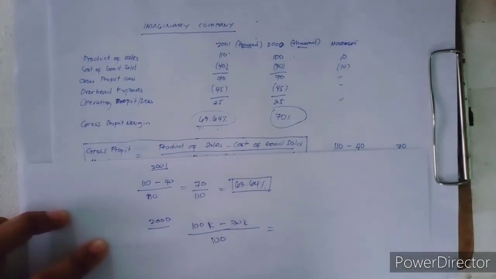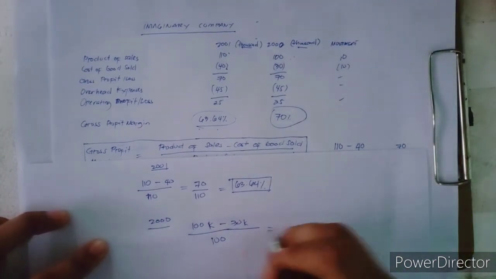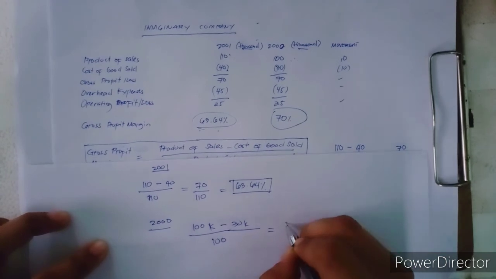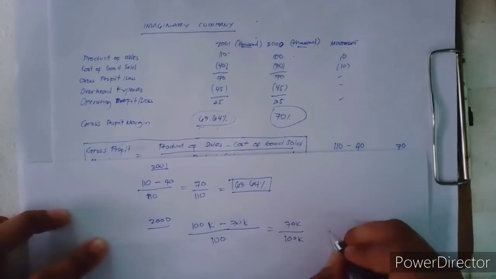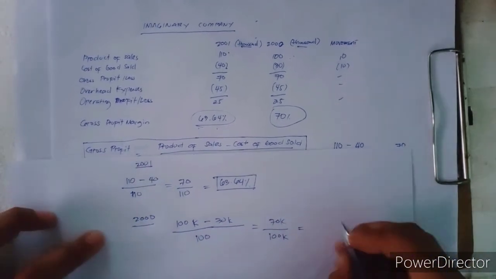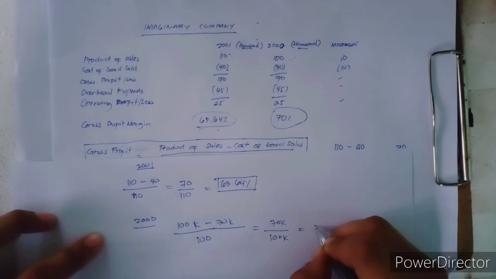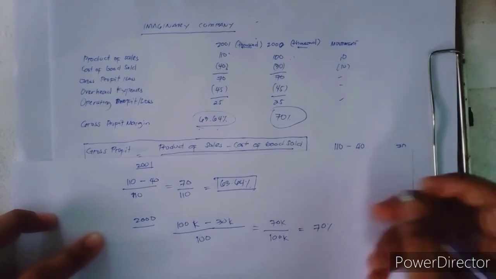So 100,000 minus 30,000 is 70,000, divided by 100,000, which then came up with the answer of 70%.